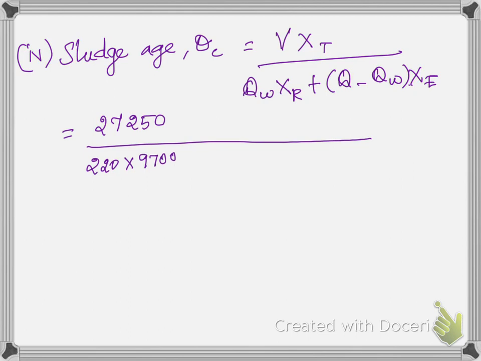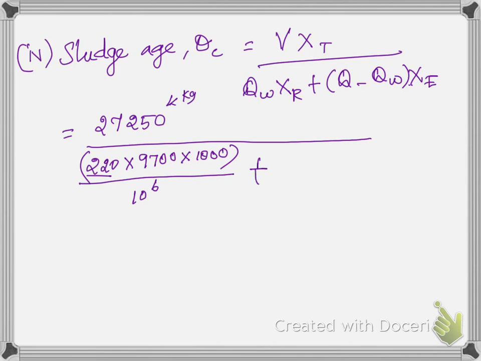Again, the quantity of waste sludge is given in meter cube and the waste suspended solids is given in milligram per liter. So I am converting meter cube into liters, putting 1 into 1000 here. Since this unit is in kilogram and the answer will come in milligram, I have to divide this answer by 10 power 6. Keep that in mind, the unit conversion is most important.